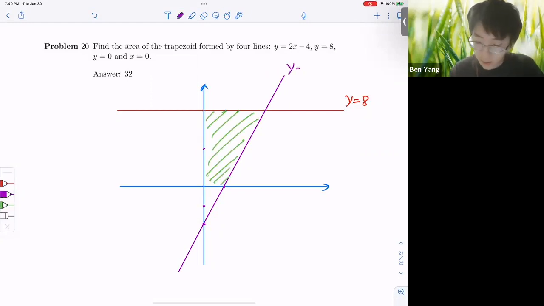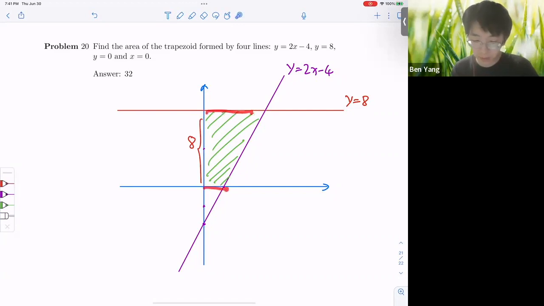This line is y = 2x - 4. Cool. So to find the area of the trapezoid, we do the sum of the two bases times height, and then times 1/2. The height here is easy, that's just 8.